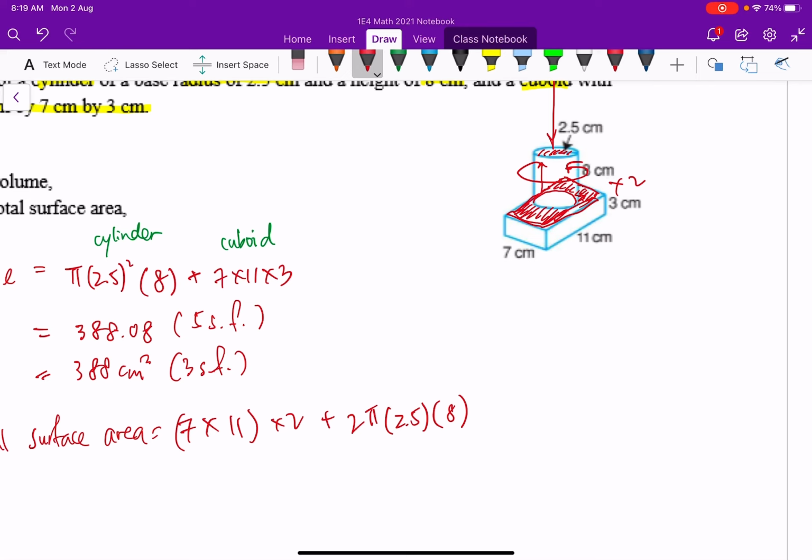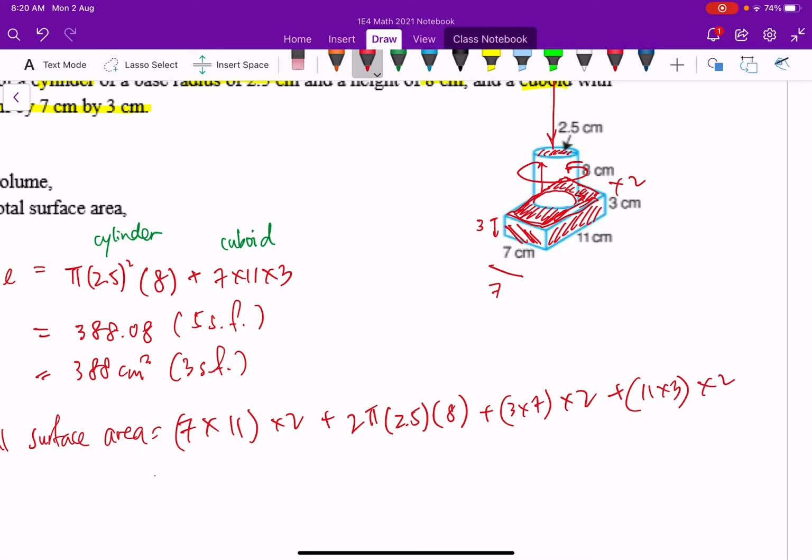Then after that, I need to calculate this face here. This is 3 cm, right? And this is 7 cm. So 3 times 7, how many of them are there? 2. Then I need to plus this face here. How many of them are there? 11 times 3, 2.